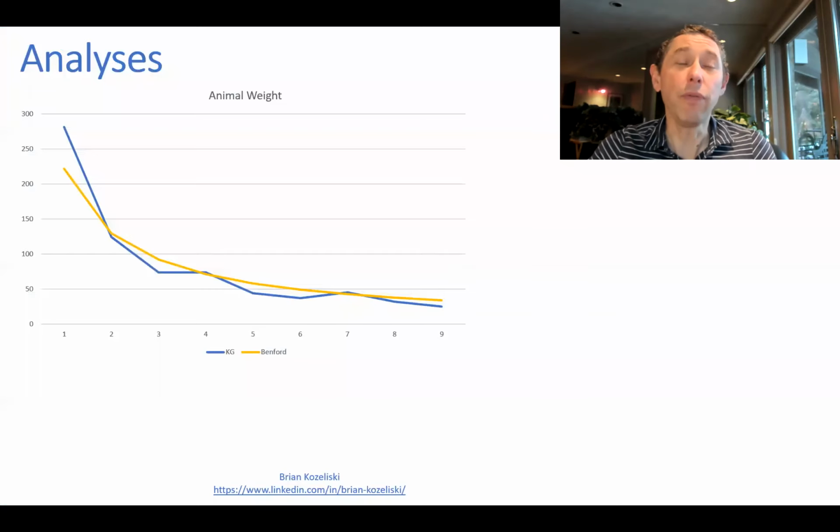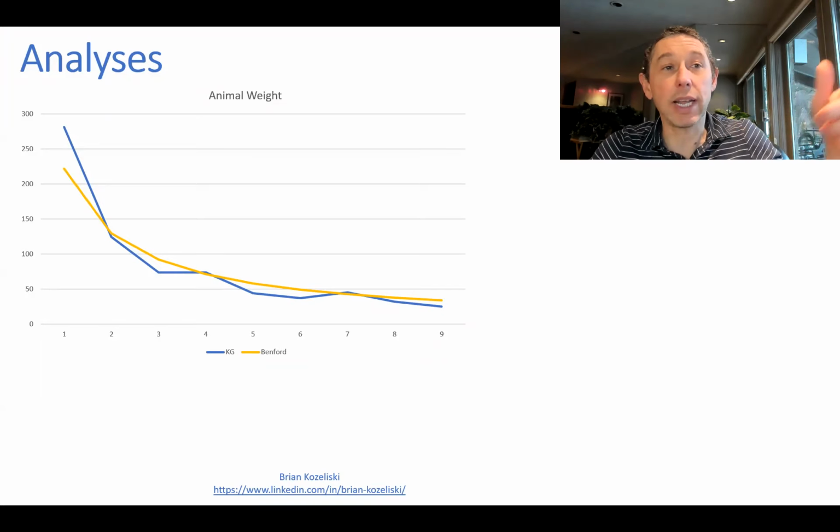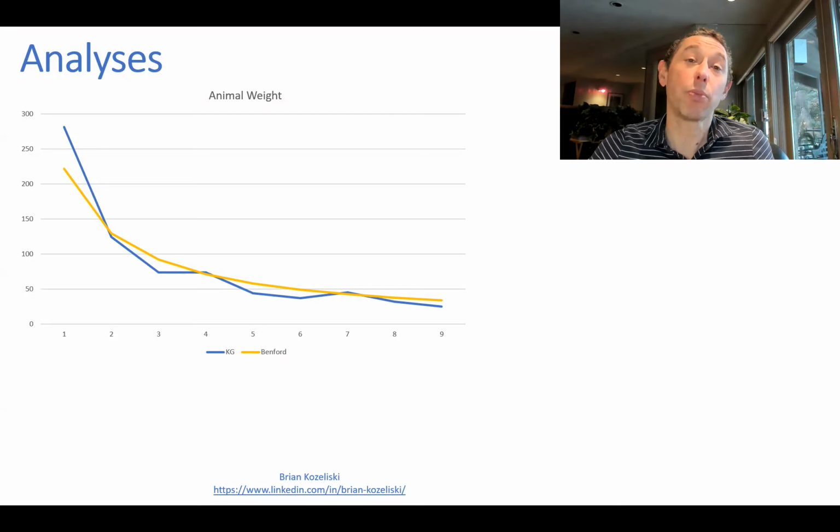So if we do this in kilograms, using this data set of 736 animals, here we have Benford's law in this yellowish orange color, and we have the distribution of that first digit, and we can see it's pretty close. As we expected, there are too many ones, because we rounded a lot of animal weights to 1, and we're ignoring a lot of animal weights that round down to 0.